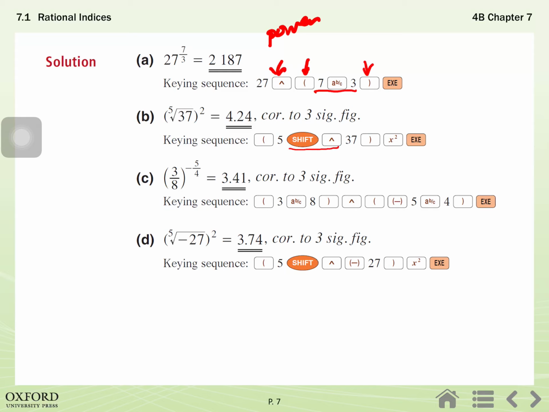This turns into the fifth root. So you shift the power key, which is actually a reverse function, and let's just demonstrate more than one way to input into your calculator. And you go through the example by yourself.